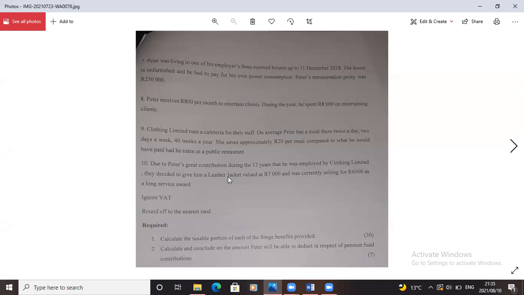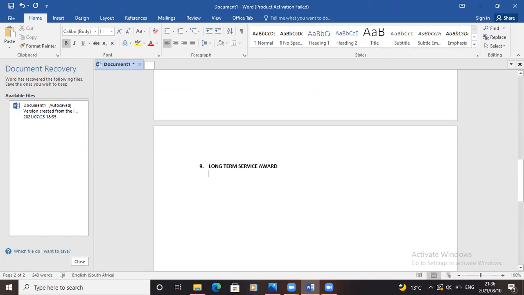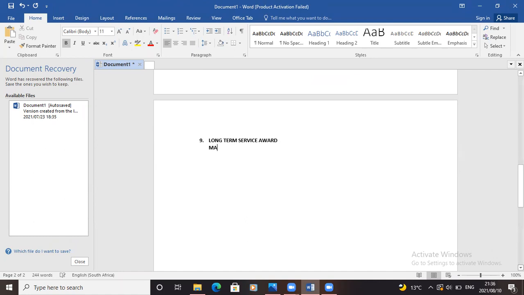Then they gave him a leather jacket valued at 7,000, but it was currently selling for 6,500. So which is the market value between the two? Is it 7 or 6.5? I think it's 6.5.